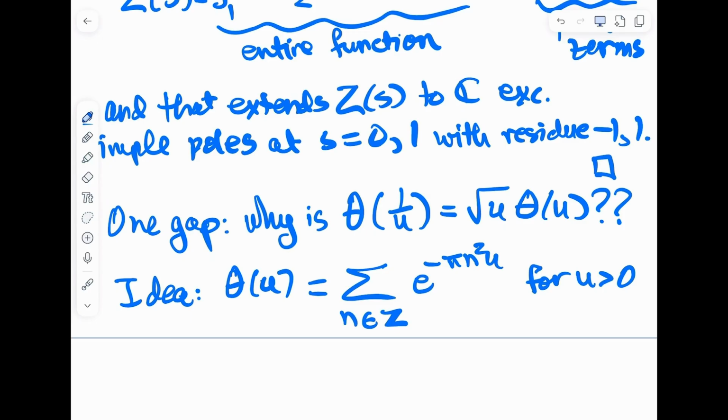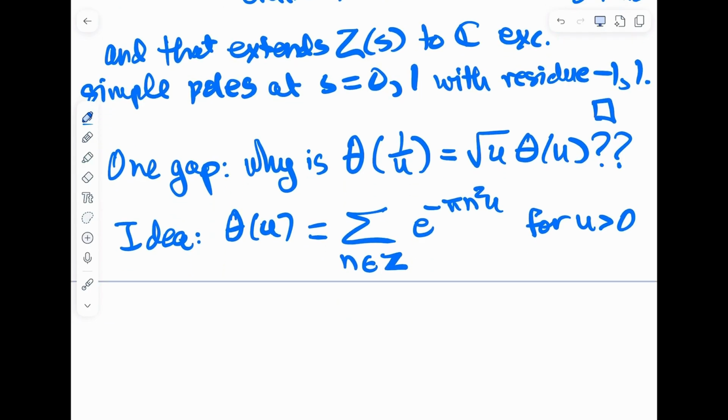Yes. Okay. All right. So the point is that we're going to relate this to the Poisson summation formula.